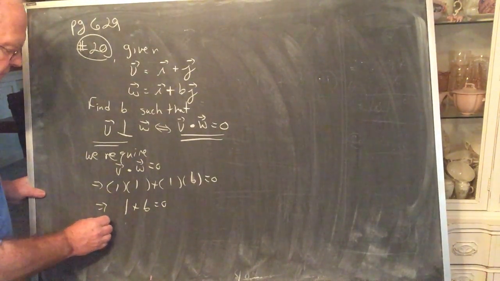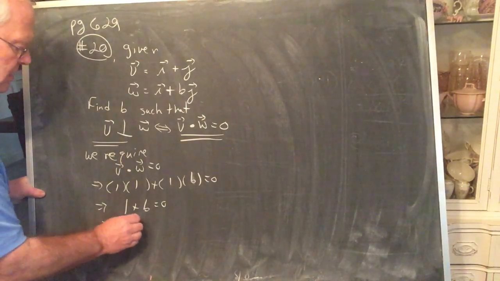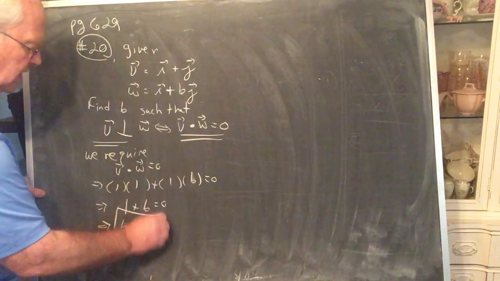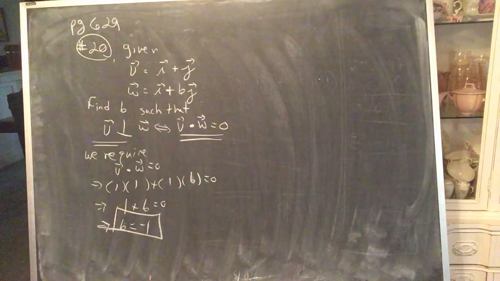Well, that seems pretty straightforward. b is equal to -1. So the value required for b to make these two vectors orthogonal is -1.